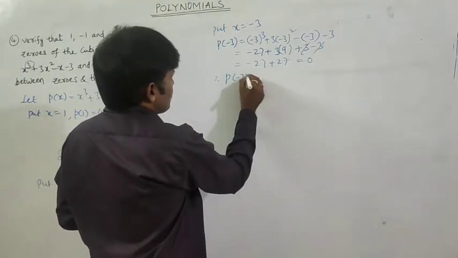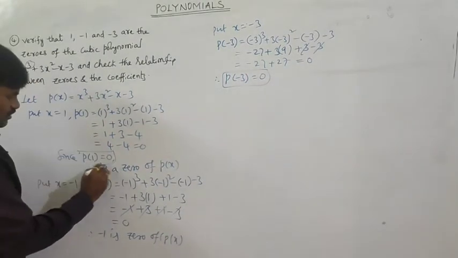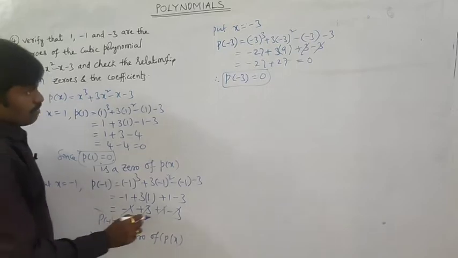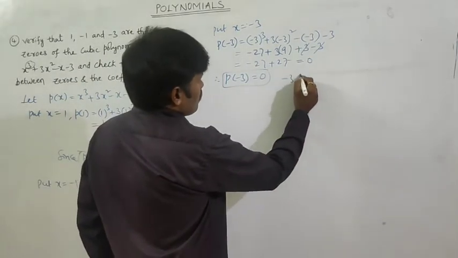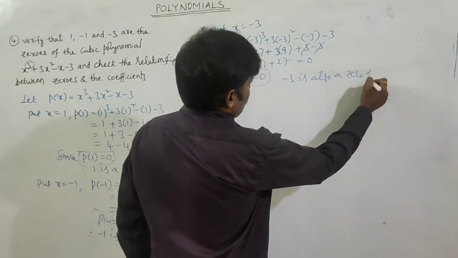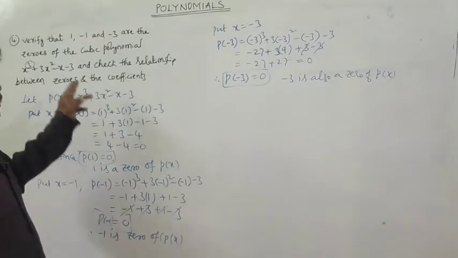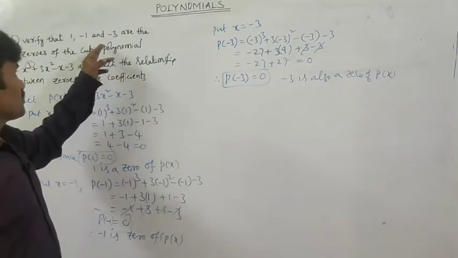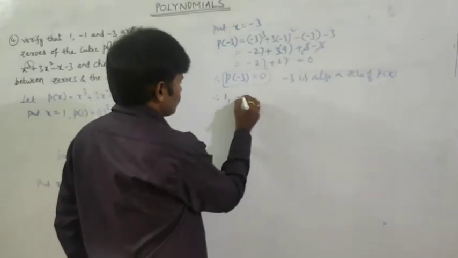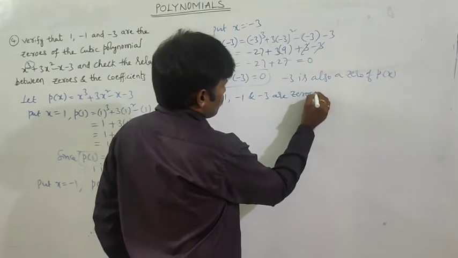Therefore p of minus 3 also is equal to 0. So from this, what can we conclude? Minus 3 is also a zero of p of x. So hence verified. We can conclude that 1, minus 1 and minus 3 are the zeros of p of x.